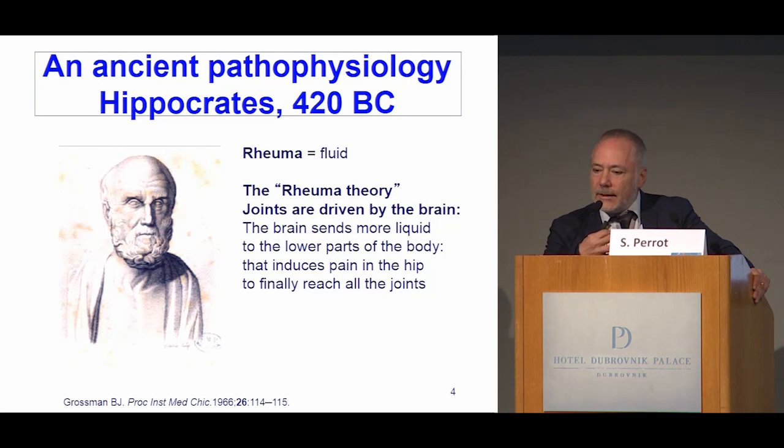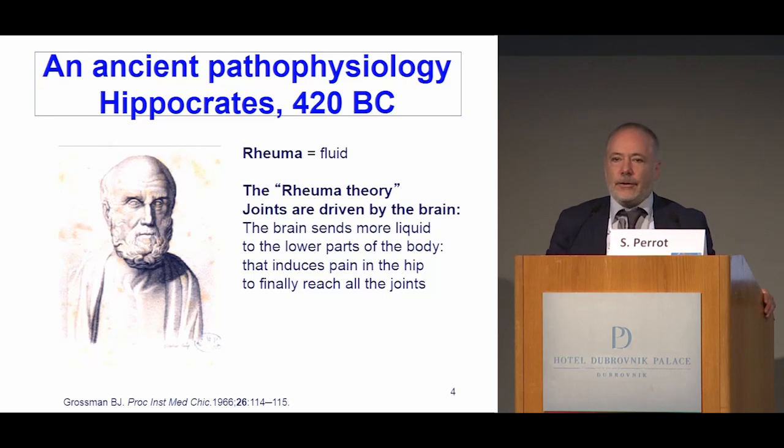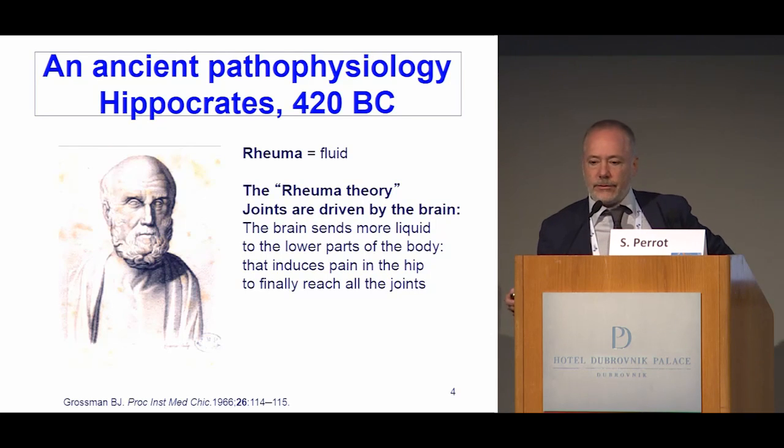The brain sends more liquid to the lower part of the body, and the more there is liquid, the more there is pain coming from the brain. So it is very interesting to see that, long before the 20th century neuroscientists, Hippocrates already described these links between brain and the joints.